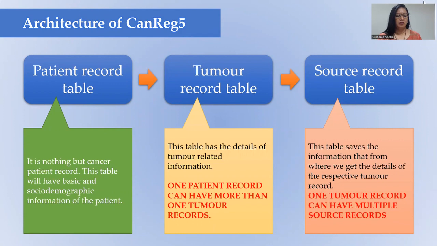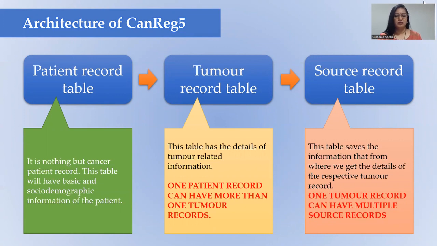For example, we have the date of diagnosis of that particular tumor, the site where the tumor is located, the histology type, and the treatment taken for that particular tumor. All these variables can be in the tumor record table.